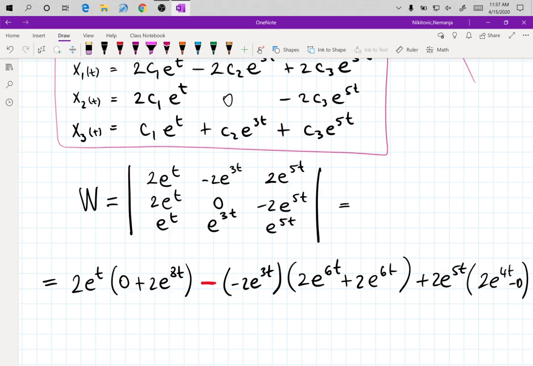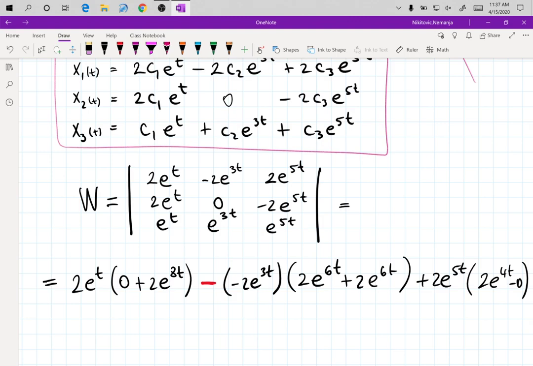Only when you have a single equation, to answer the question from the chat, like let's say you have c1e to the 5t plus c2e to the 3t. If you just have that, then you take the derivatives to make a second row. So that's the trick for Wronski.